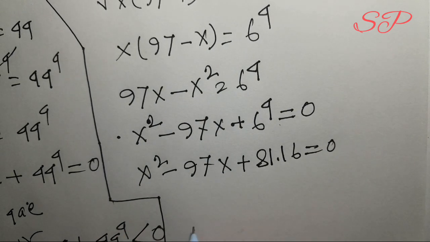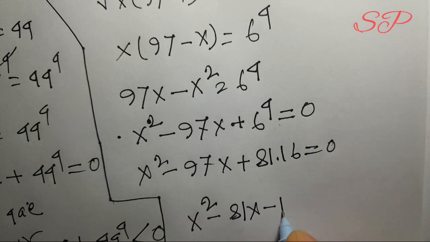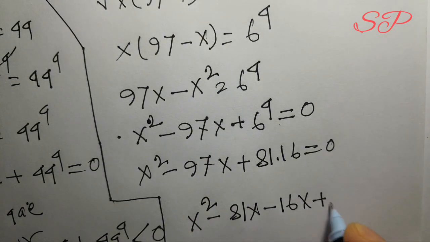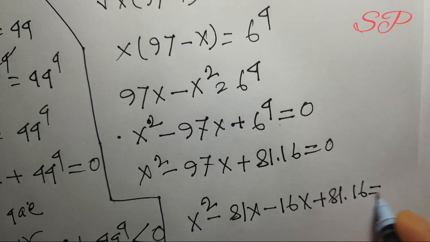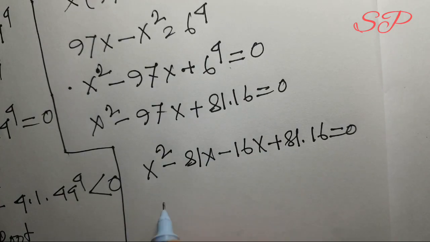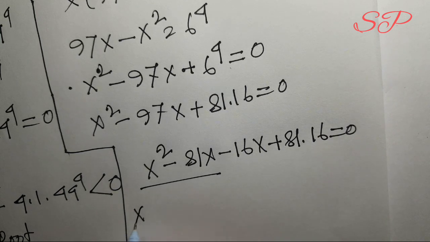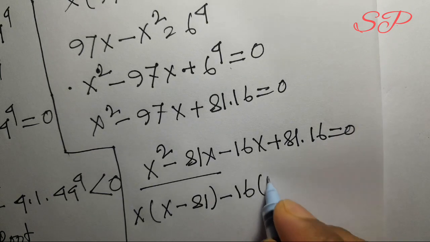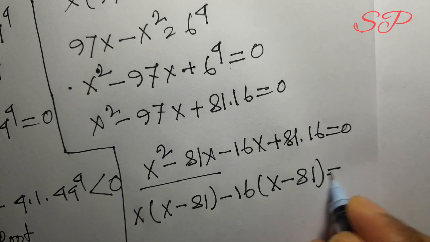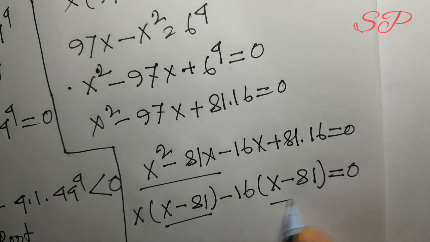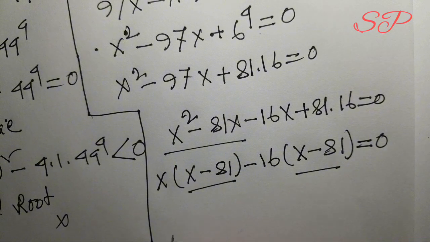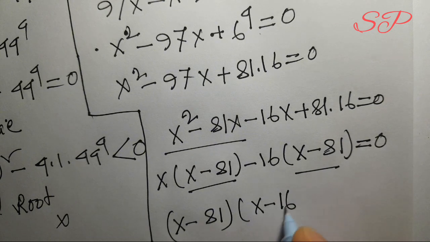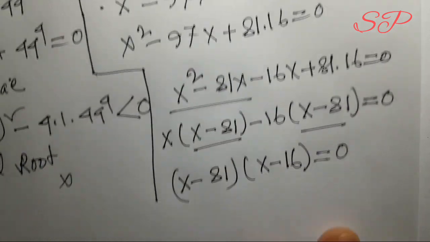Now we can write x square minus 81x minus 16x plus 81 into 16 is equal to 0. Then x minus 81 is common, so x minus 81 and x minus 16 is equal to 0.